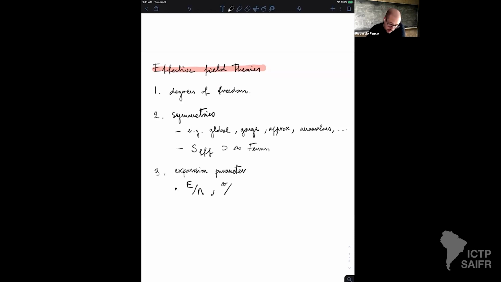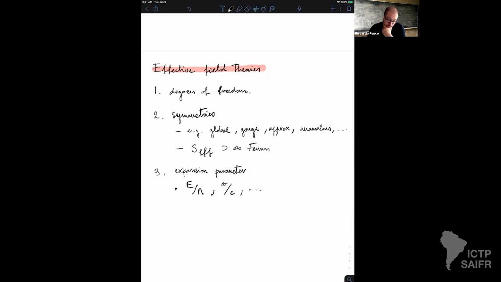It could be a ratio of velocities over the speed of light, for instance, or other characteristic speeds, and so on and so forth. What these expansion parameters do is capture perturbatively the impact that the physics we have neglected can have on the physics we've kept and we're interested in.